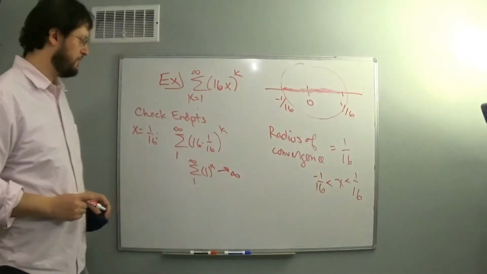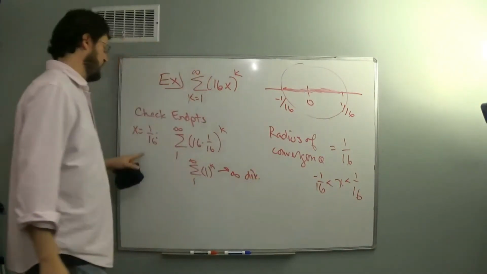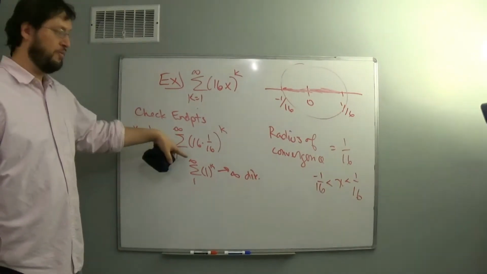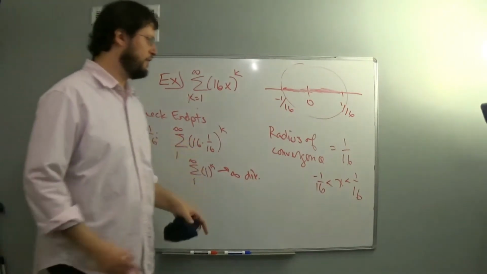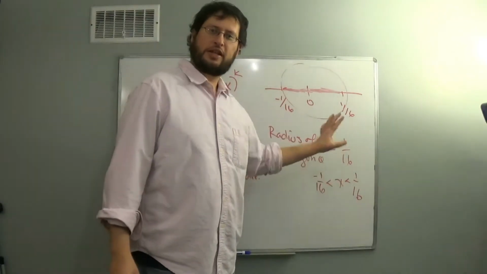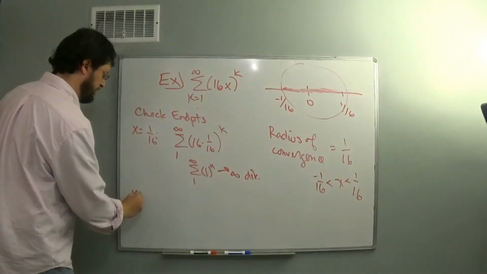So it diverges. So at 1/16 it diverges. If it's possible, sometimes we'll do this and wind up with converge. And if that's the case, we would have turned that into less than or equal to and actually say at 1/16 it converges. In this one we don't, it still diverges.